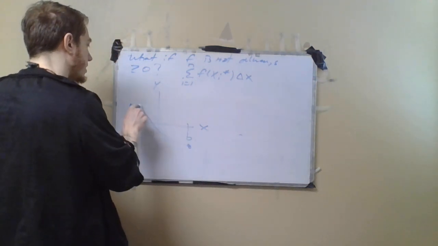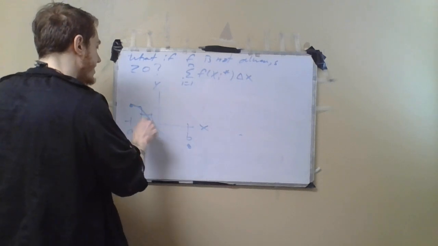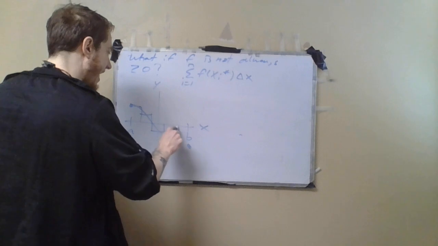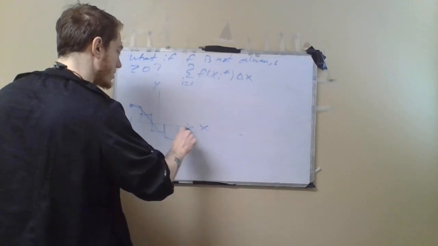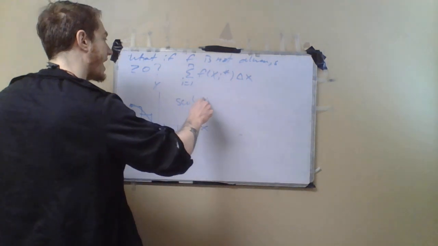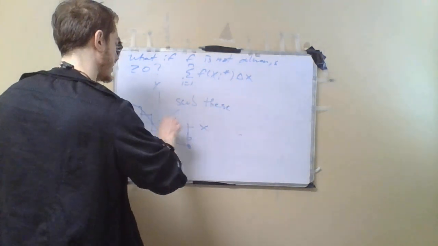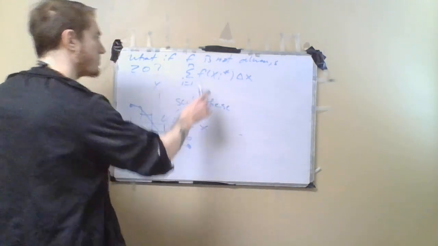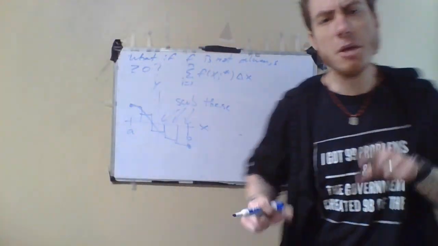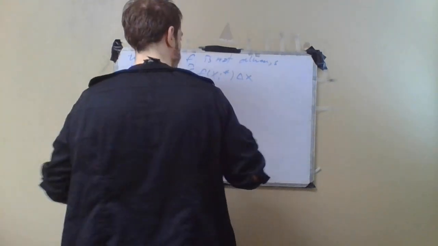When we do this, the rectangles that are underneath the axis are going to contribute the negative of their areas. We subtract these rectangles here because f is negative there.